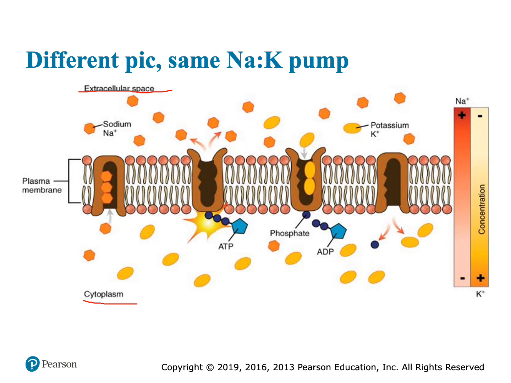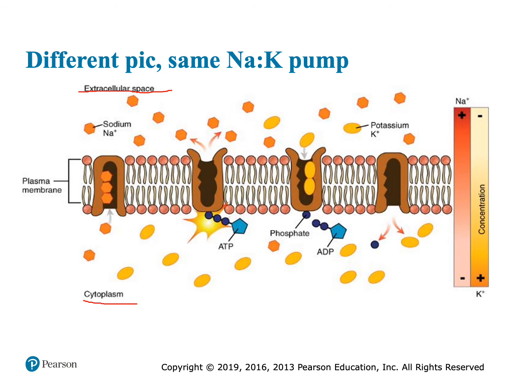What's going to happen with the sodium-potassium pump? We're going to move 3 sodiums out. So by cleaving off a phosphate group off of ATP, making ADP, we're going to make that pump start up.